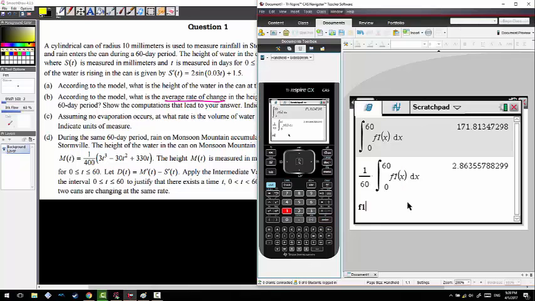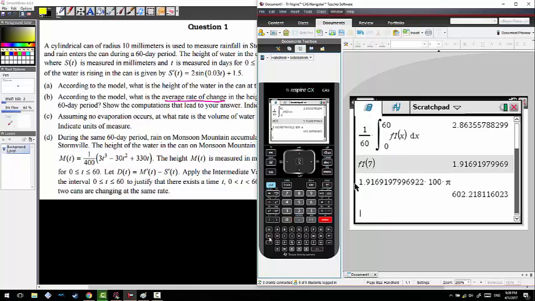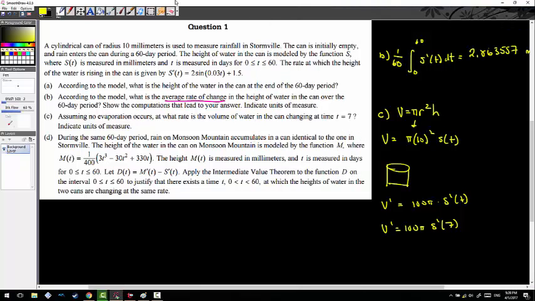So I'm going to find out what f1 of 7 is, and I'm going to multiply that by 100 pi. And what I get is this 602.218 number.